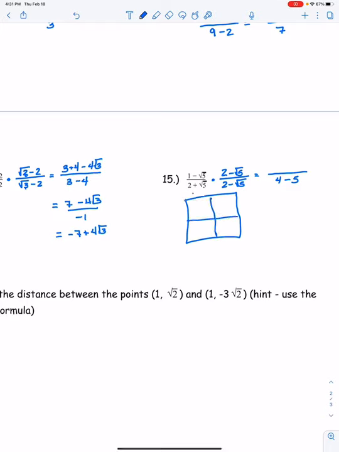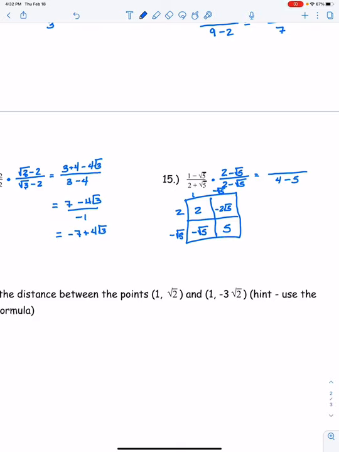So I have 1 minus the square root of 5 times 2 minus the square root of 5. 2 times 1 gives me 2. 2 times the negative square root of 5 gives me negative 2 the square root of 5. The negative square root of 5 and 1 gives me negative 1 the square root of 5. And negative the square root of 5 times the negative square root of 5 gives me 5.